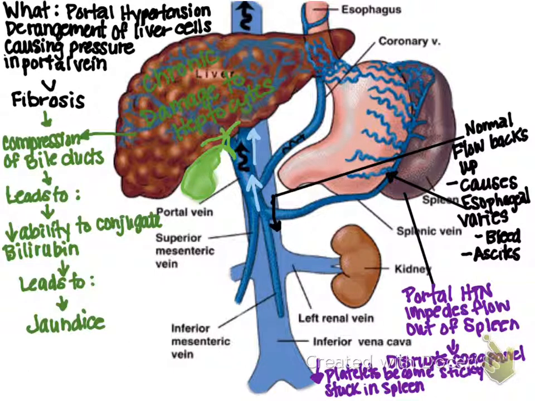The platelets become sticky and get stuck in the spleen. So there's a couple of different things going on there as far as your blood coagulation. Because if you remember, in the beginning I said that the liver produces procoagulants, and then you've got this spleen problem as well.